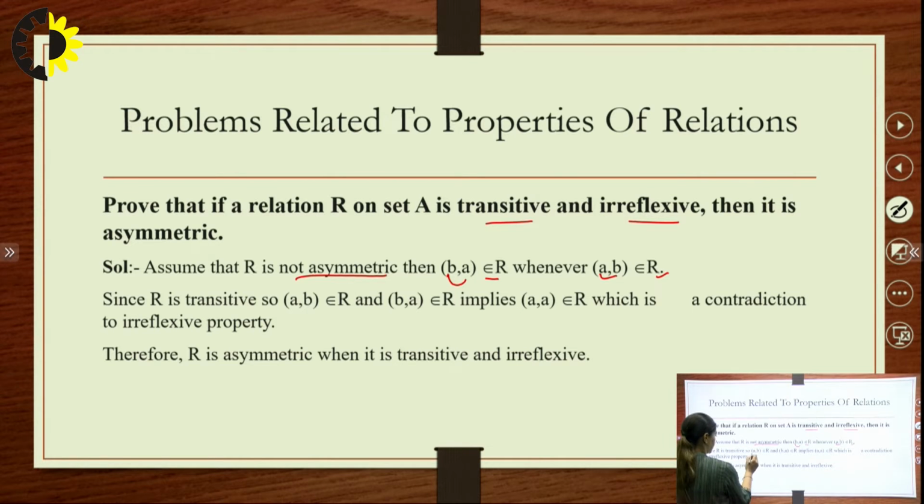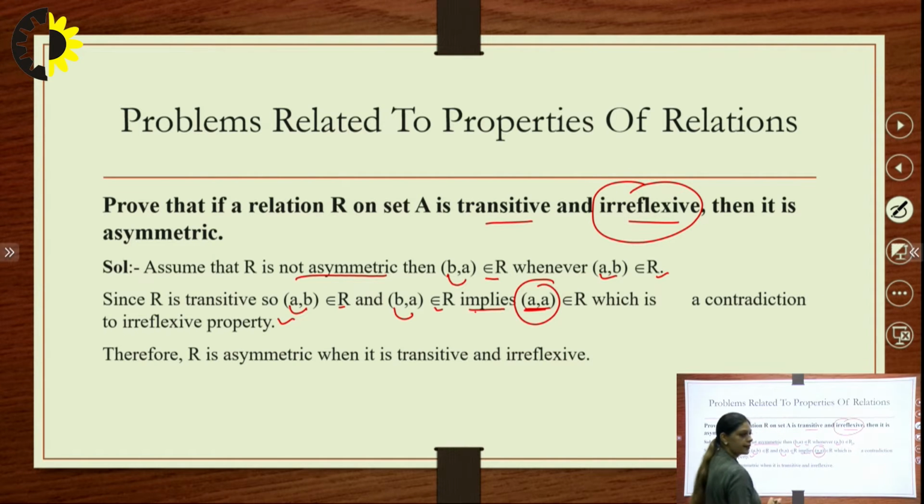Now R is transitive, so (A, B) belongs to R and (B, A) also belongs to R, which implies that A is related to A, which is a contradiction to the irreflexive property, because the reflexive property says that A is related to A, meaning an element is related to itself. But we are told that the relation is irreflexive, yet we are getting a reflexive relation. So there is a contradiction, and hence R is asymmetric when it is transitive and irreflexive, right?